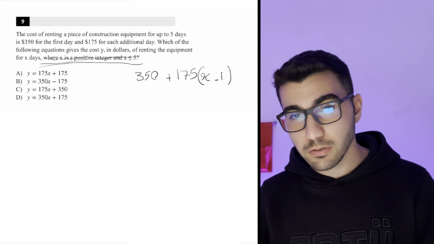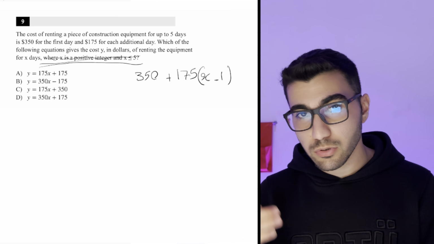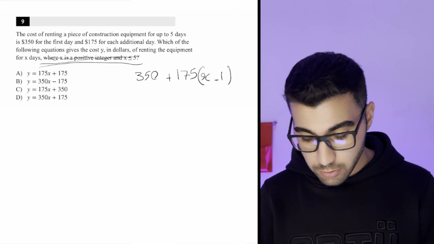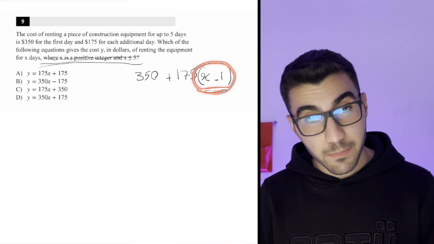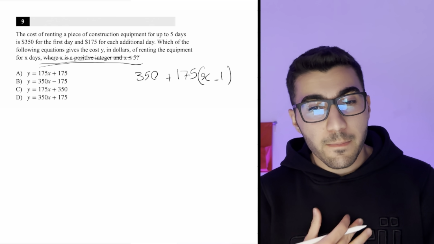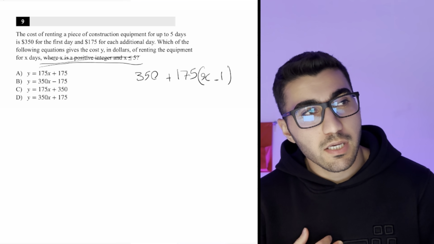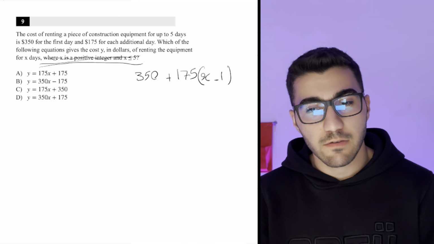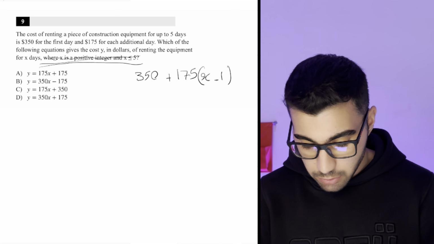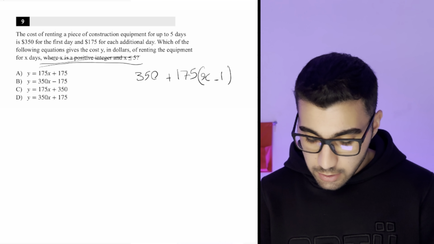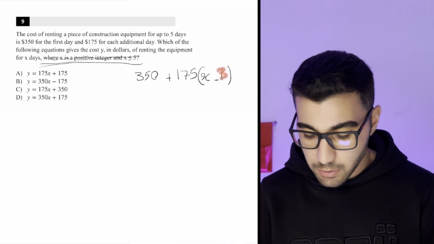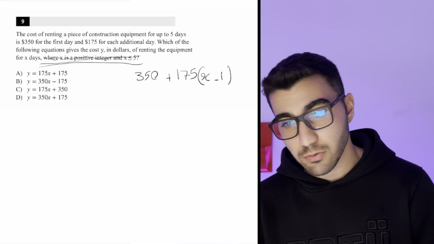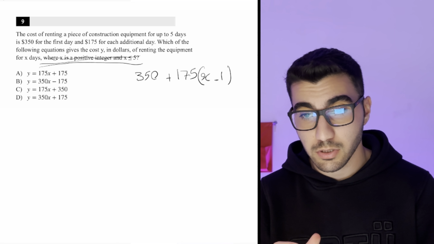So you take that one first day and you don't count it here, right? If it was the first 3 days we pay $350, and then for each additional day we pay $175, then you would say 350 plus 175 times (x minus 3). So you take those 3 days out. This is a very common and very tricky question.